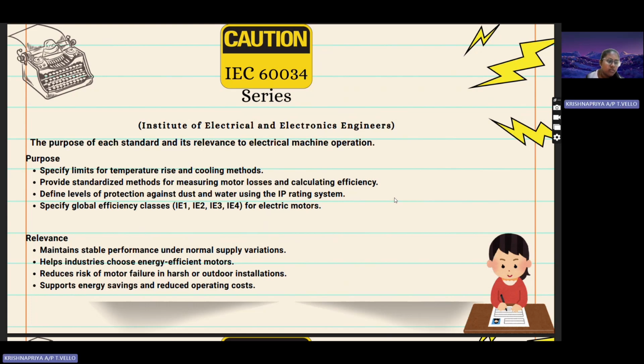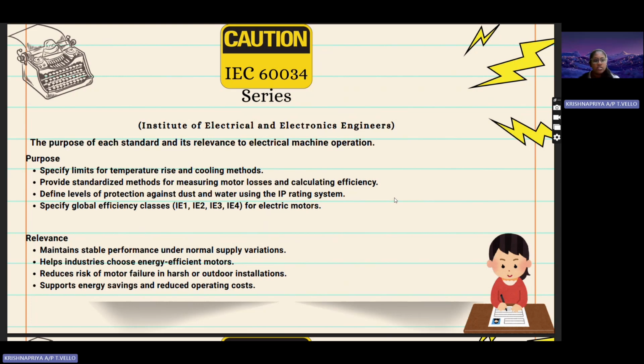After that, for IEC 60034-2, part 2 provides a standard method for measuring motor losses and calculating efficiency. It is relevant to help industries choose energy efficient motors.